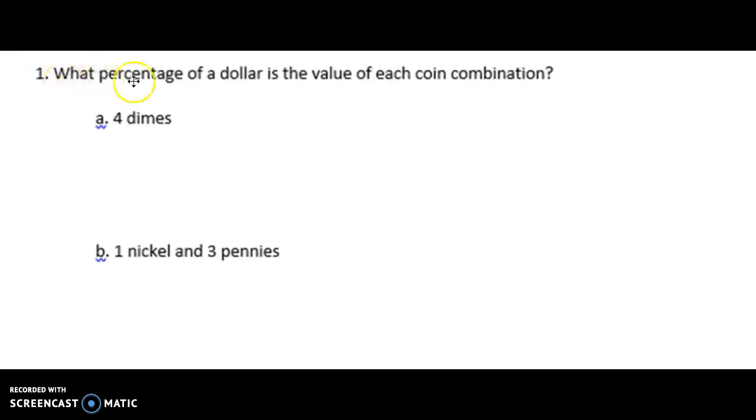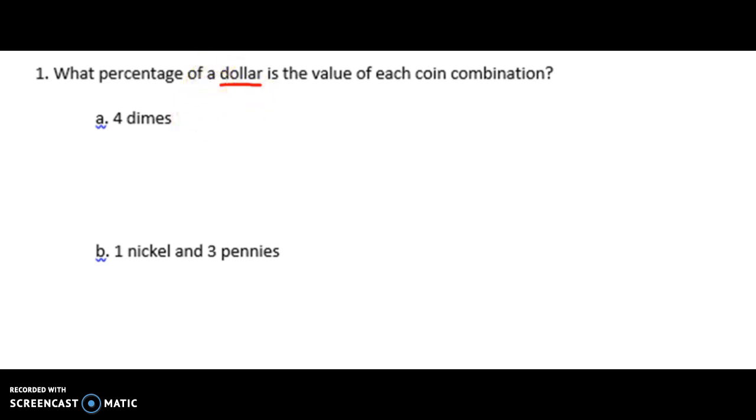Let's read number 1. It says, what percentage of $1 is the value of each coin combination? Now, the beauty of using a dollar is that it's already 100 in a way because it's one whole, $1.00. So we're going to think in those terms.